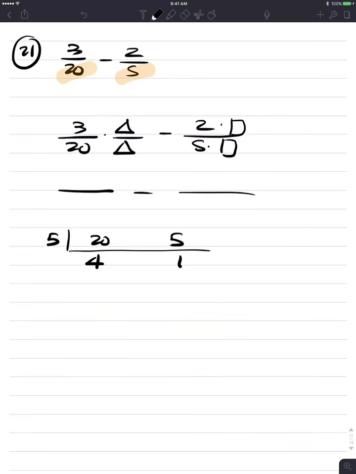We're going to repeat the process. Give me a prime that goes into both of these numbers. 2 goes into 4 with a 0 remainder, but 2 does not go into 1. There are no primes.